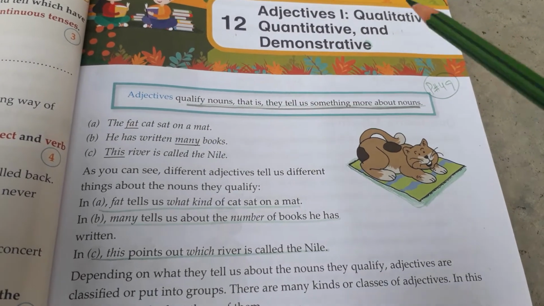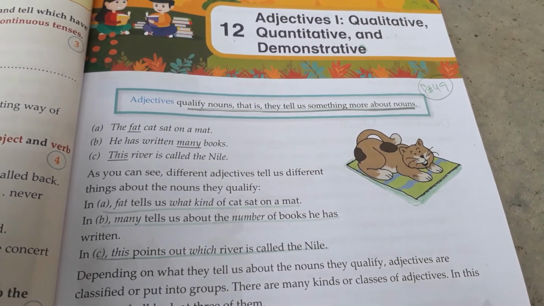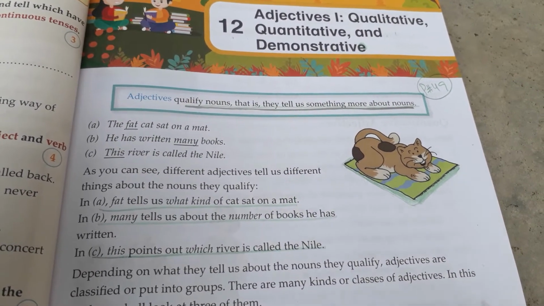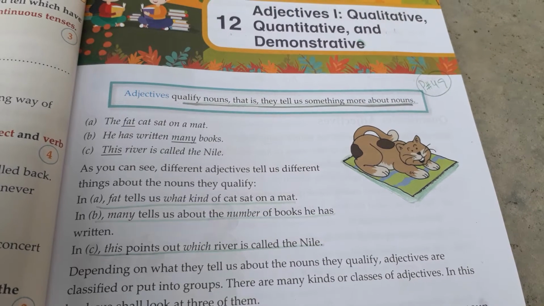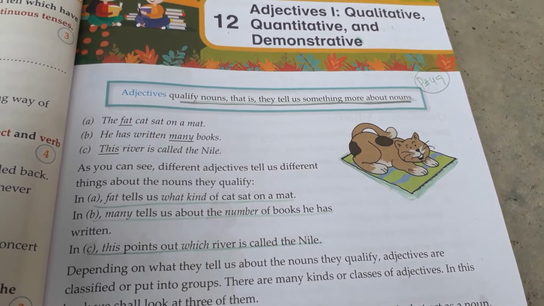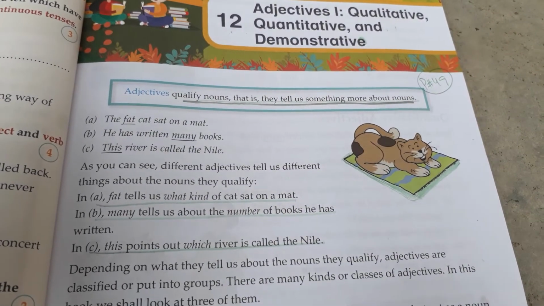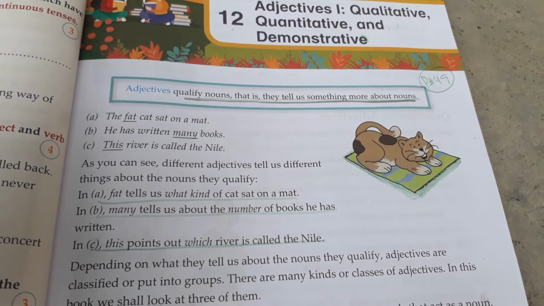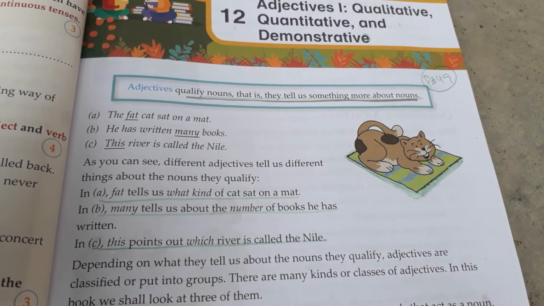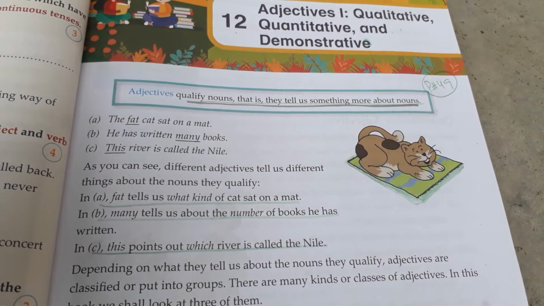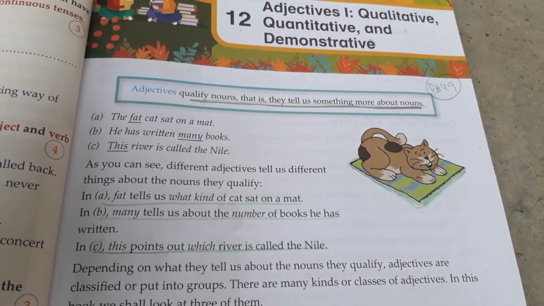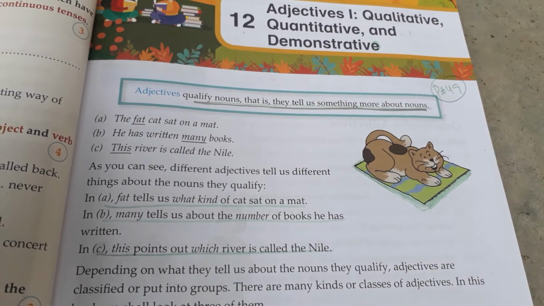Then we talked about the quantitative adjective. Quantitative adjectives tell you about the amount of something, not the exact amount, but they tell you about the numbering, in the form of such or many or how many, how much, etc. Like if I say I have enough money to go to the bazaar.